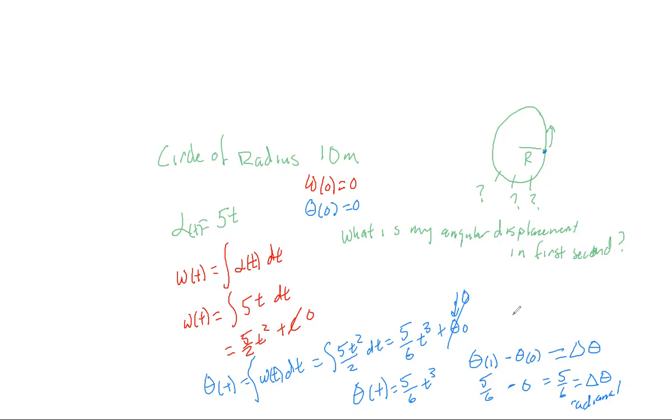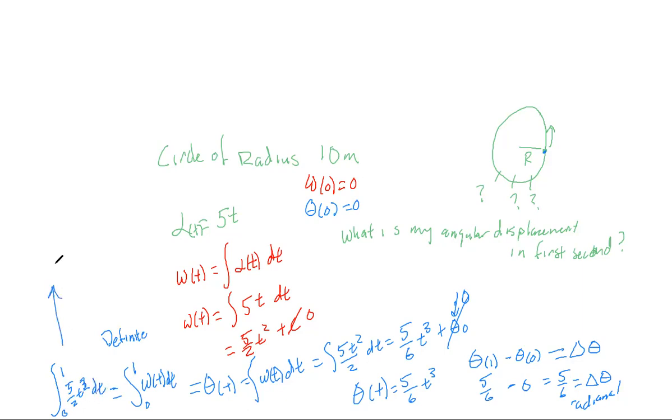Okay. Now, another way to consider this is to say that that's equal to the integral from 0 to 1 of omega t dt. This is a definite integral. And here I know that that's equal to the integral from 0 to 1 of 5 halves t squared dt.